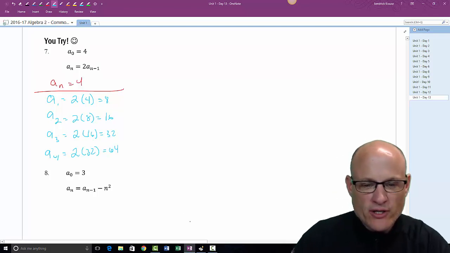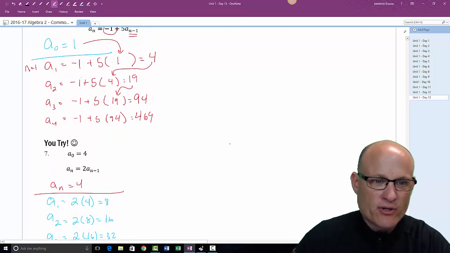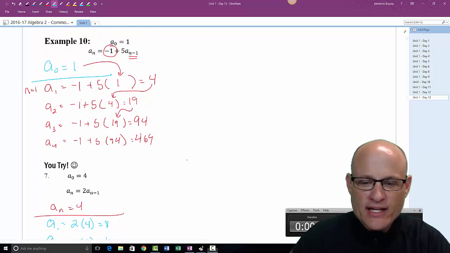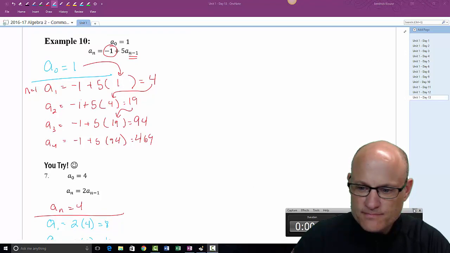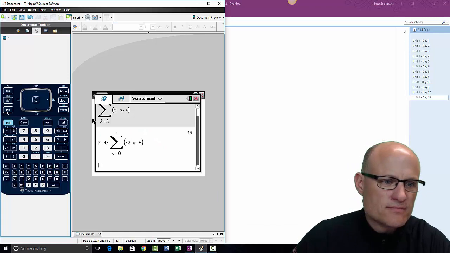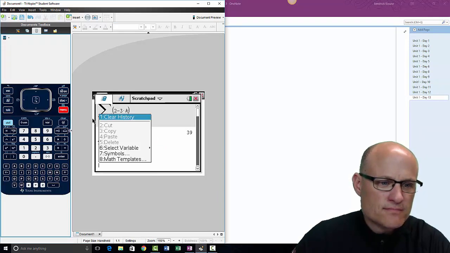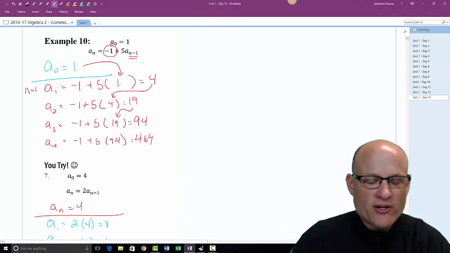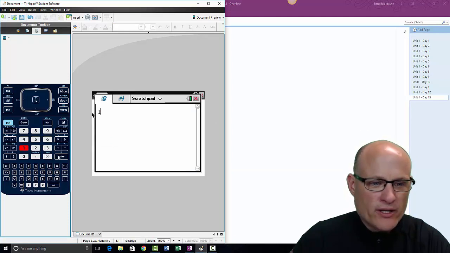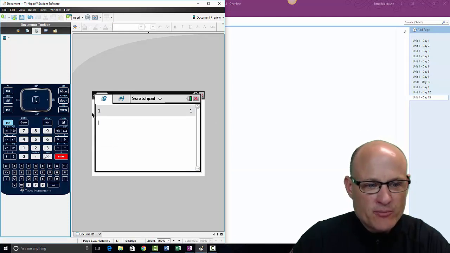Now let me show you something cool on your calculator. I'll show you with the last one and then this one as well. So let's take that last one. The last one started out with 1. So we're just going to put a 1 in. Now 1 is stored in answer. Do you see this thing in blue right here?